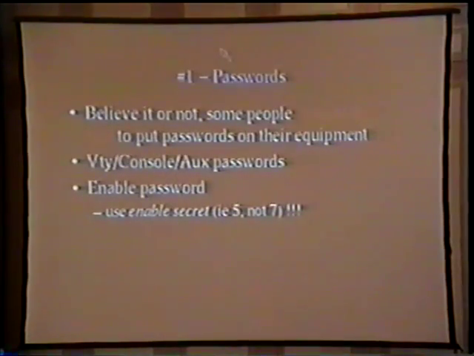Also, for the enable password, you need to use the enable secret, which is an MD5 hash. That's the 5. If you use the 7, the password can be decrypted. The problem is the VTY, console, and aux ports cannot use the secret MD5 hash. So I'll be covering that later.